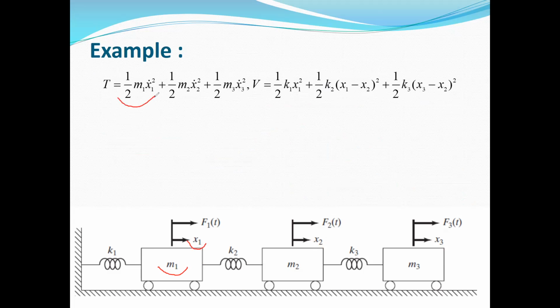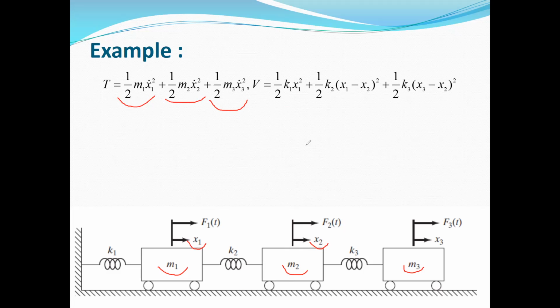The second is half times mass m2 multiplied by its velocity, x2 dot squared. And finally, the kinetic energy due to mass m3, which is half times m3 x3 dot squared.